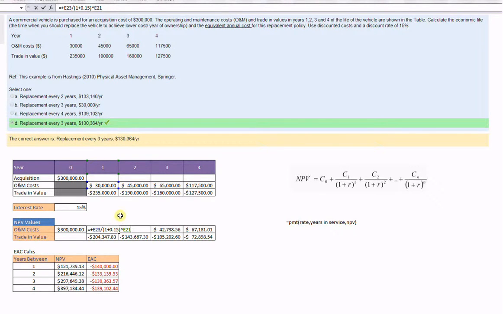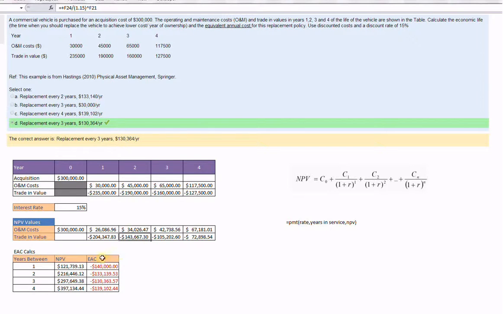That's bad Excel form, so don't follow that. But 1 plus the interest rate, all raised to E21, which is the 1. And then the next one would be 45,000 divided by 1.15 raised to the 2, and so on and so on. And the trade-in values will be exactly the same, minus 190,000 divided by 1.15 raised to the 2.